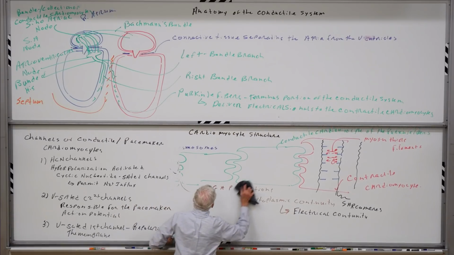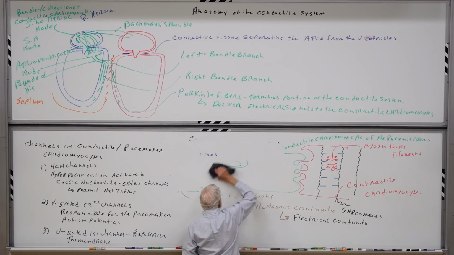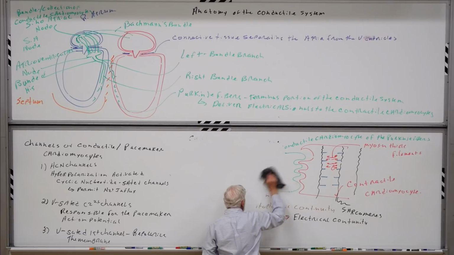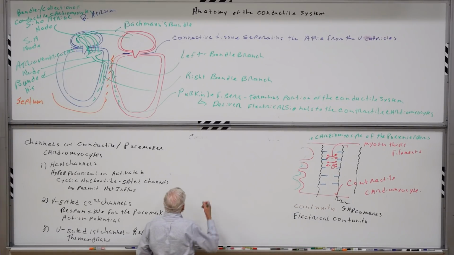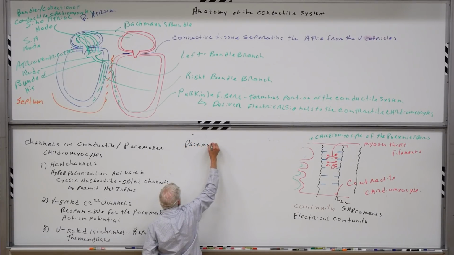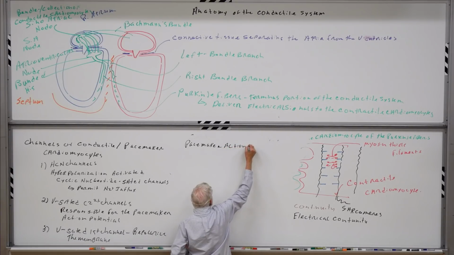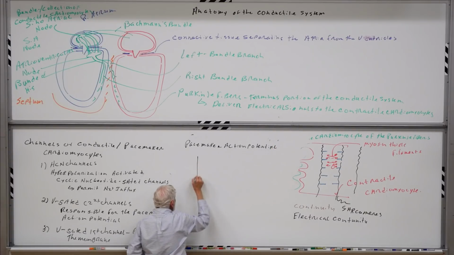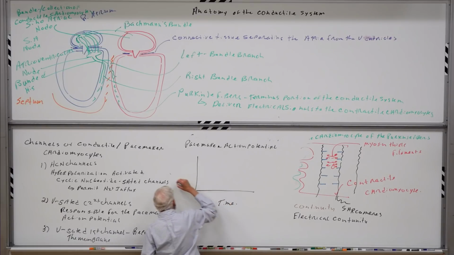Well, let's describe in a graph the pacemaker action potential. It can be graphed as we typically do, where this is time, and this is voltage.